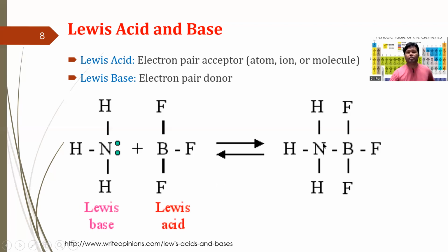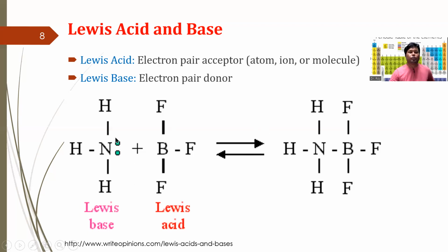So it is making the compound more stable. By this reaction, this is a base and this is an acid. So this is also a kind of neutralization reaction. Acid and base react to form ultimately a complex compound, but sometimes it can be considered a salt also.